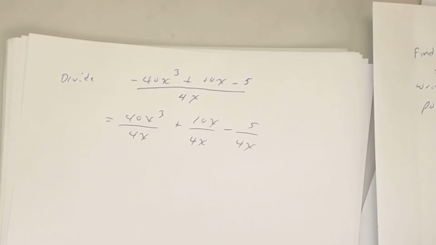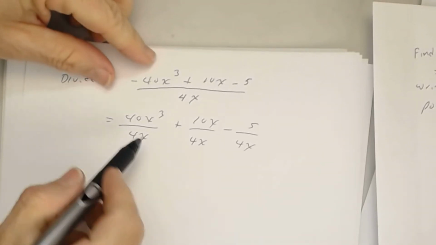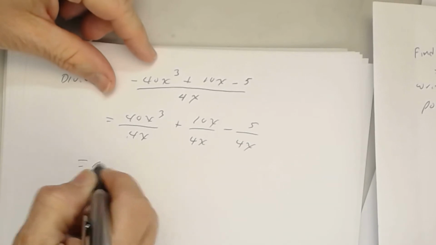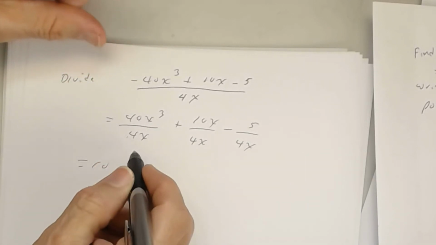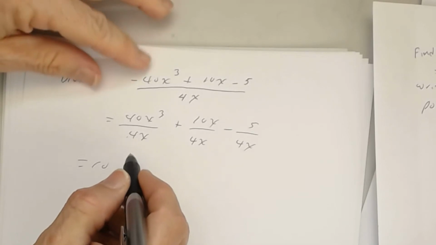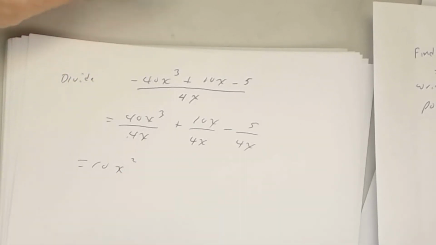So it's very similar to the one we just did when we got y by itself. Now you're going to use the idea of divide like bases now. Okay? First of all, what's 40 divided by 4? 10. What's x cubed divided by x? X squared, right? So that is 10x squared.